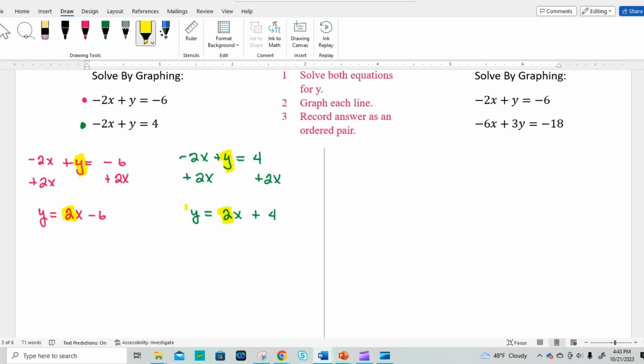So if I have two lines that have the same slope, they are parallel lines. So going back to that idea, I have the same slope. So I have parallel lines.